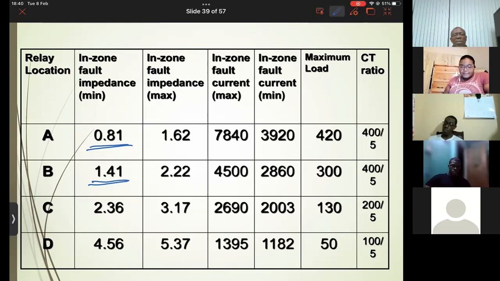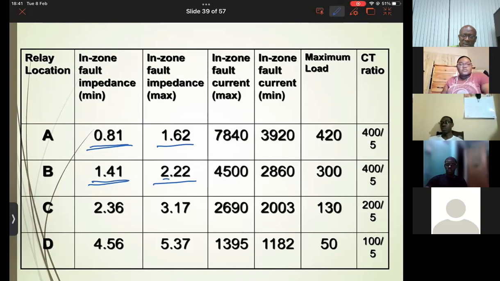But are you comfortable with that? If not, say your piece. Similarly, if this is the minimum in zone for A, then we add the 0.6, we get the minimum in zone for B.